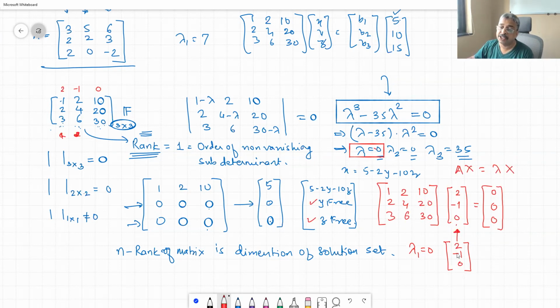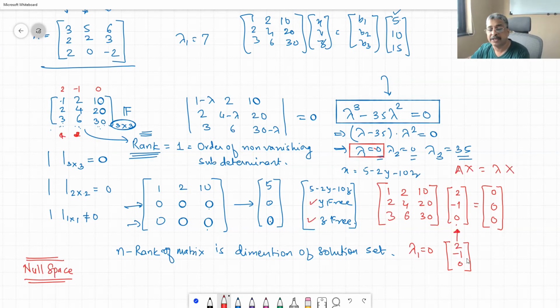The linear combination of these two vectors will give you the null space. I will explain what we mean by null space later on, but essentially null space is the space where every vector in that space is going to be the solution of your system of simultaneous equations.